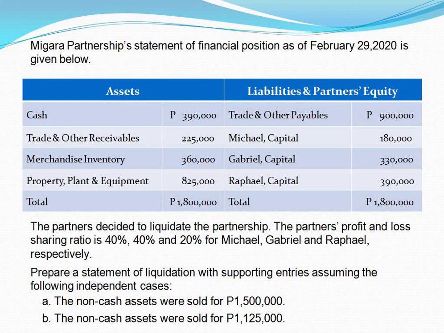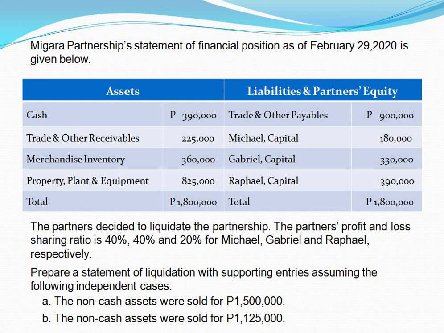Actually, the first accounting procedure in liquidation is to adjust the books of the partnership and close the nominal or temporary accounts in order to update the capital balance of each partner. But in this problem, no adjustment data is given. There is also no information as to the revenue, expense, and drawing accounts.